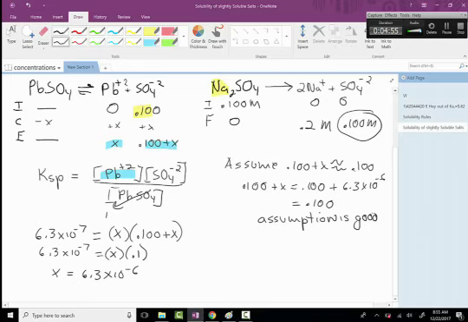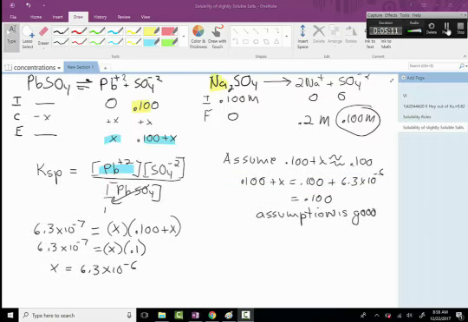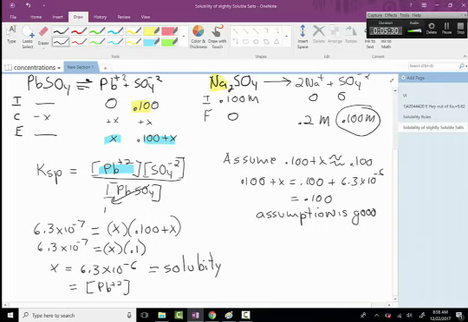Now these can get very, very complicated. I'm going to do one that's slightly more complicated here in a second. Okay, so it turns out that x is equal to the solubility of lead sulfate. It's also equal to the concentration of lead +2 in the solution.